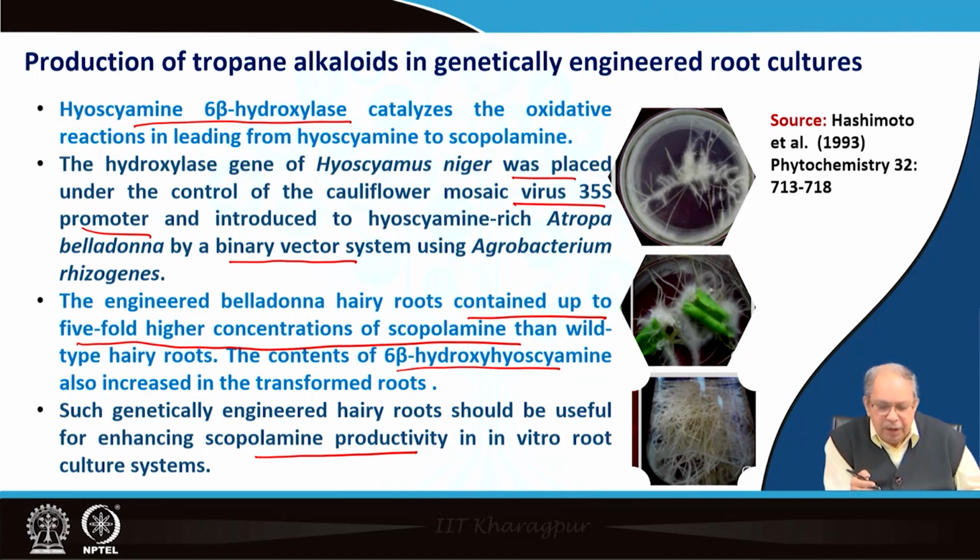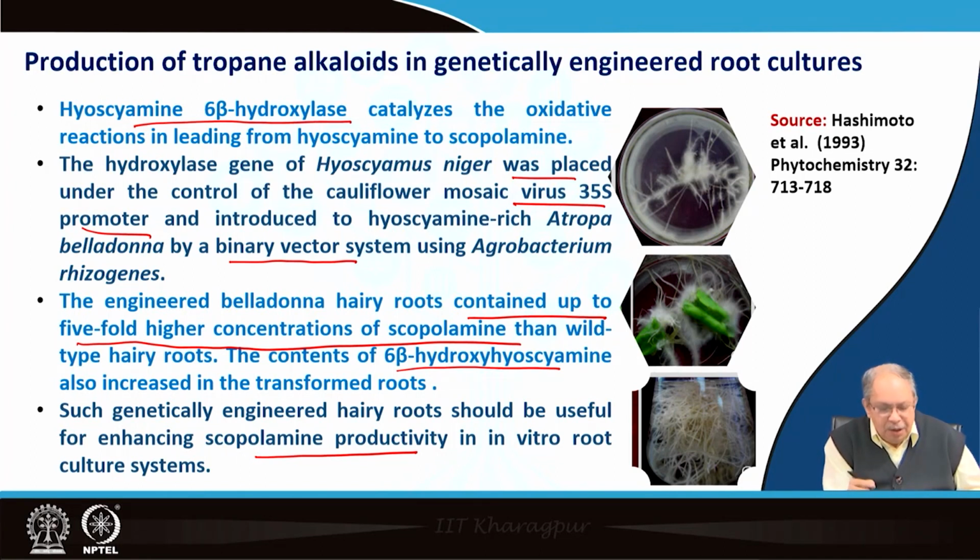One way of developing hairy root is that they have the transgenic Atropa belladonna plant expressing H6H. That plant they have infected with the wild type Agrobacterium rhizogenes. As a result of that, the hairy root which is produced apparently appears like a wild type, but it contains the H6H there. That is why such hairy root also produces scopolamine.